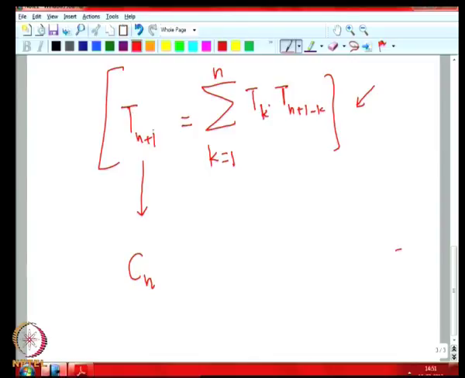For instance, if I write T_{n+1} equal to C_n, then we can write the recurrence relation with k equal to 0 to n minus 1, because this will become T_0 and this will become T_{n+1-k-1}, that is T_{n-k}.